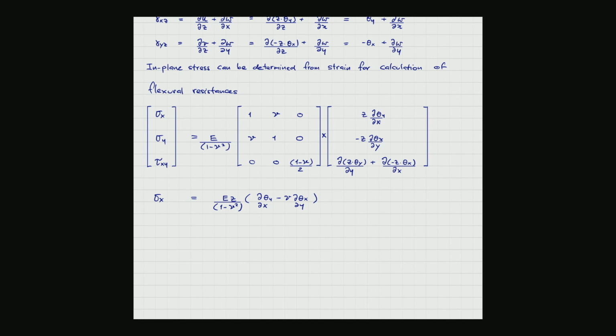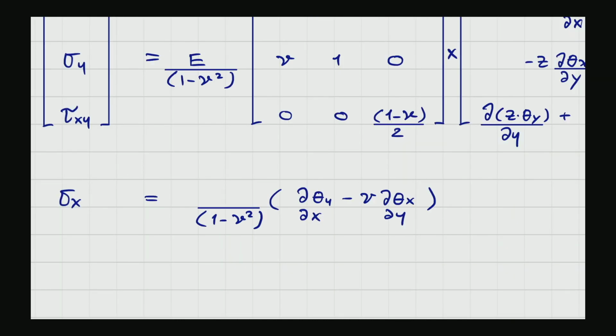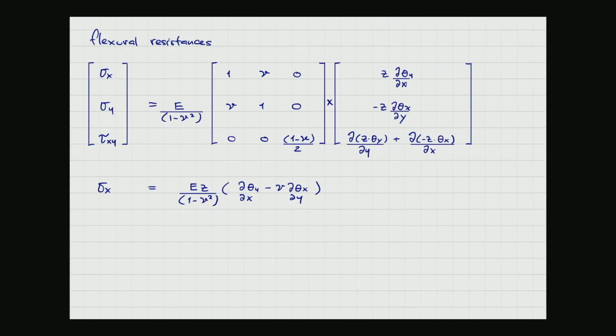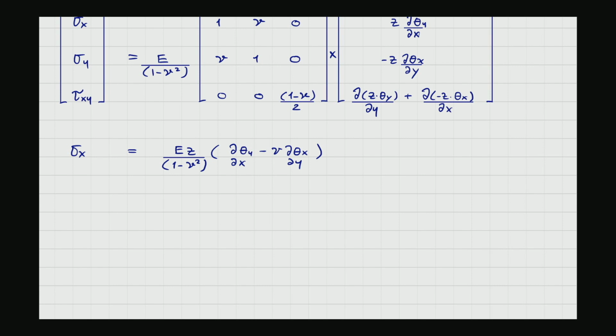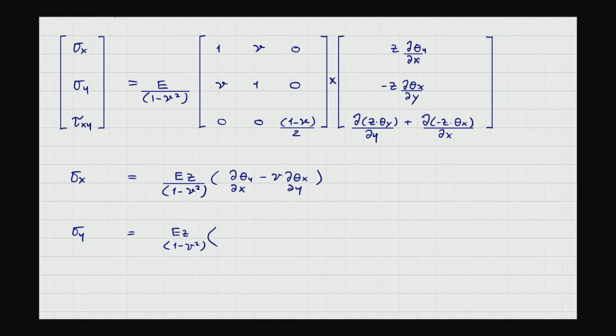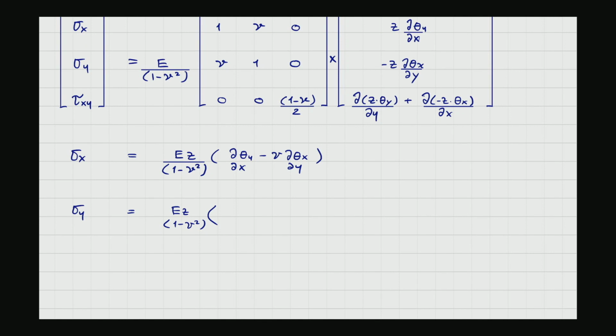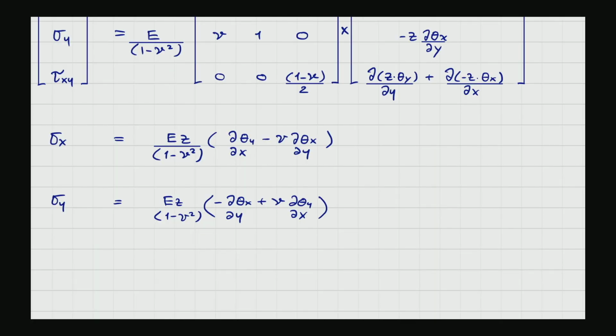First one. Second one, I go to sigma y, so sigma y equals, likewise, Ez, and you have minus the partial derivative of theta x with respect to y plus Poisson ratio times the partial derivative of theta y with respect to x, and that's it.